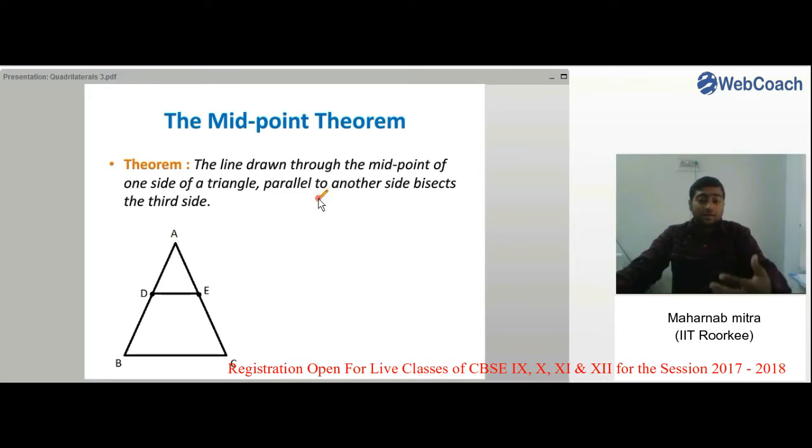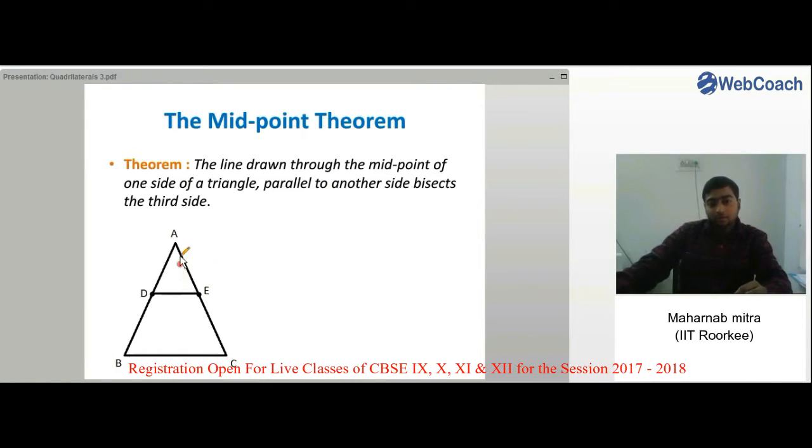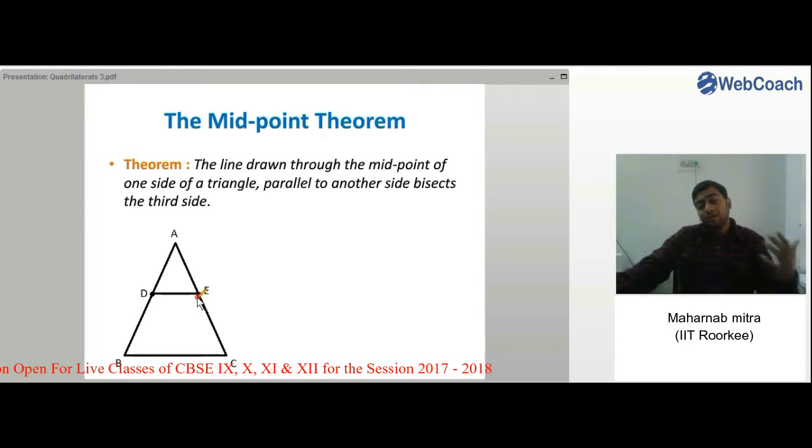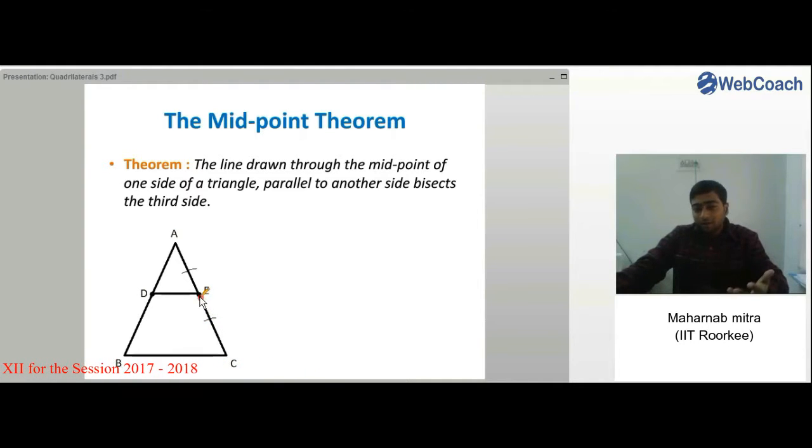And here let us assume that we are drawing the line from E. We know that AE equals EC, or we know that E is a midpoint. So if a line segment is drawn from E and parallel to the base, it will hit at the midpoint of the side AB, or the third side.